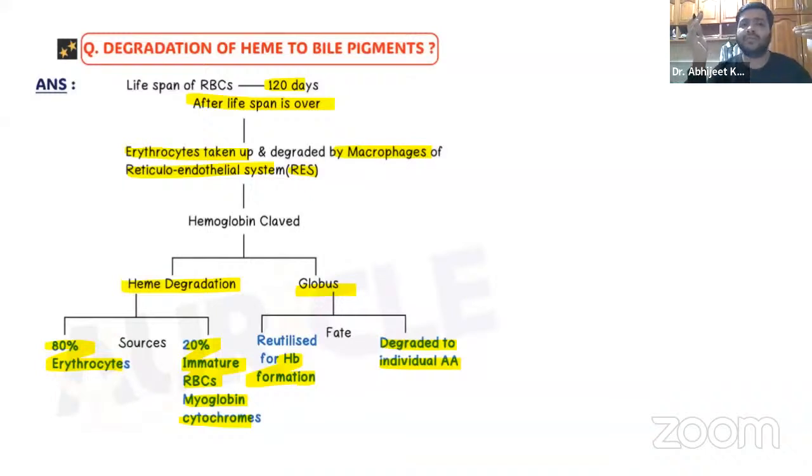Heme has two sources: 80% from erythrocytes, or 20% from immature RBCs, myoglobins or cytochromes. Whereas the globin part can be reutilized, or this protein can be broken down into individual amino acids.